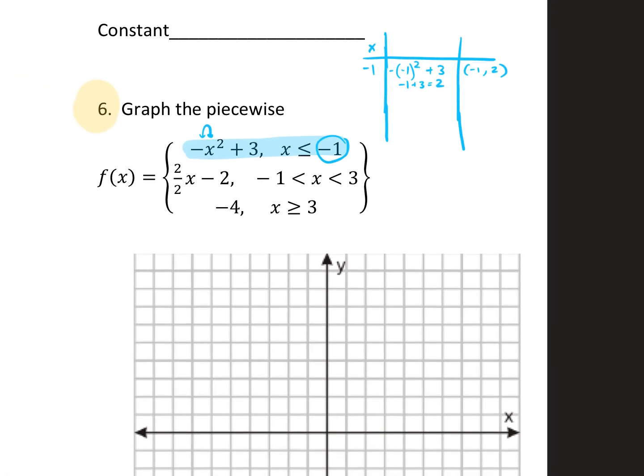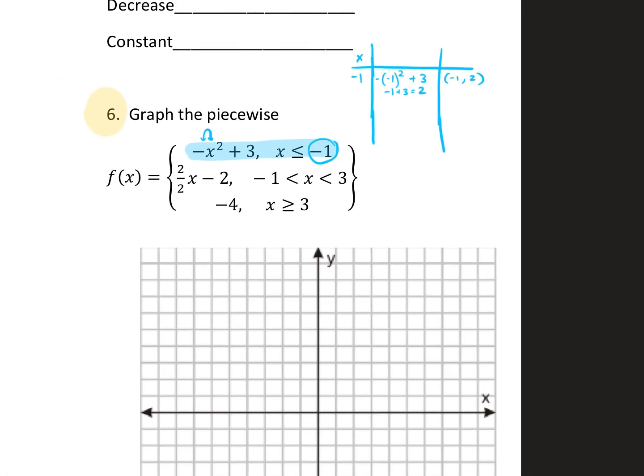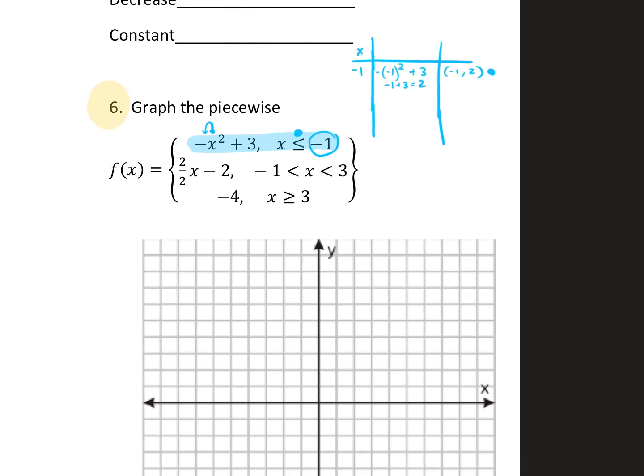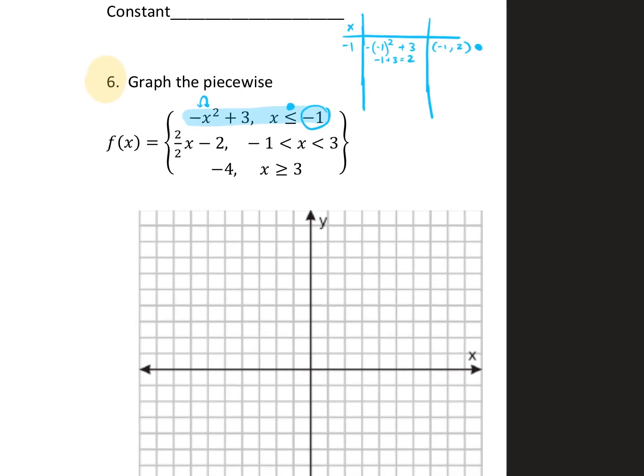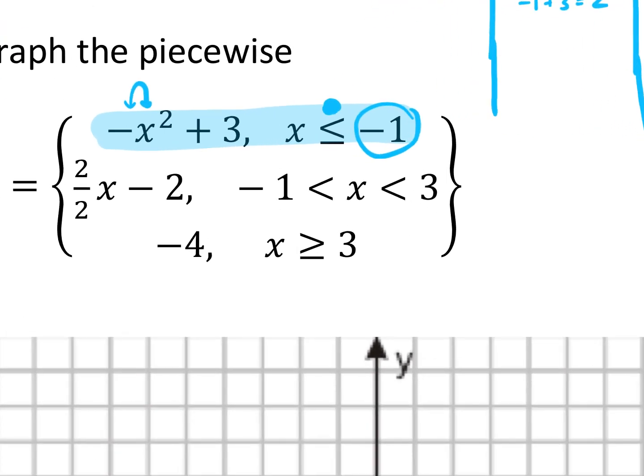So I'm going to go to my graph. Do I have an open circle or closed circle at that point? Closed circle, because it is a less than or equal to. We have a closed circle. So -1, 2, closed circle. Now it's saying that we're using this graph for x values that are less than or equal to -1.